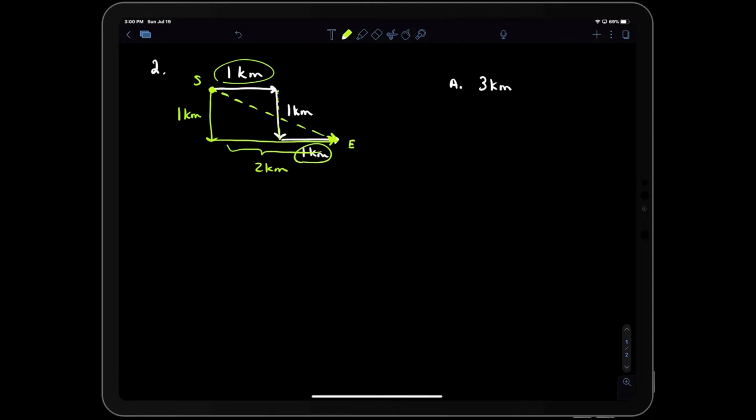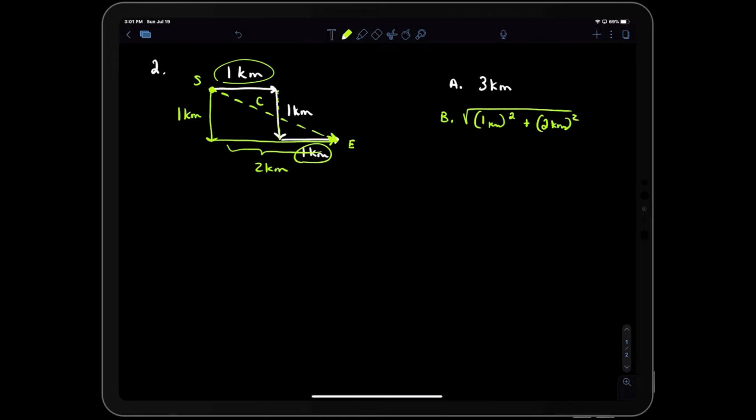Now we're ready to put that into the Pythagorean theorem. I'm trying to find the longest side, side C. So I'll have the square root of 1 squared, and that's kilometers, right? So we're going to go plus 2 kilometers squared.